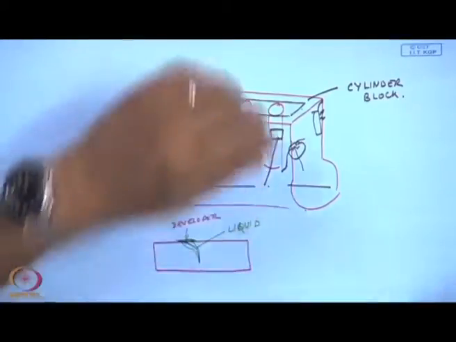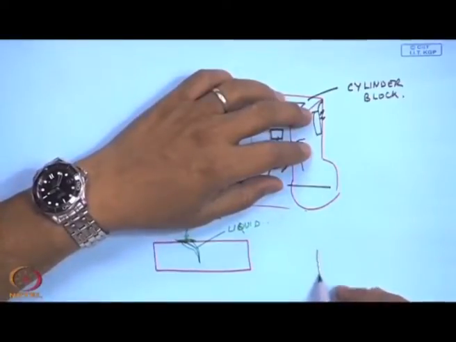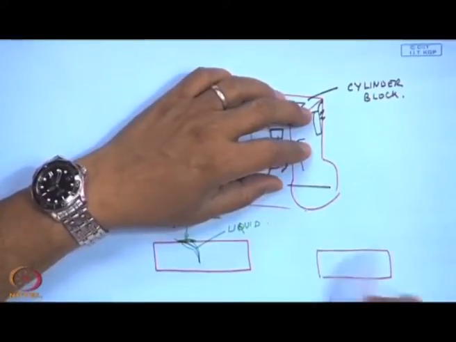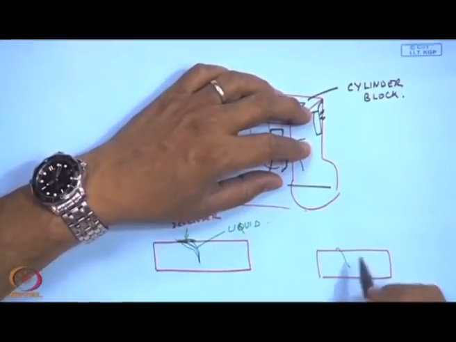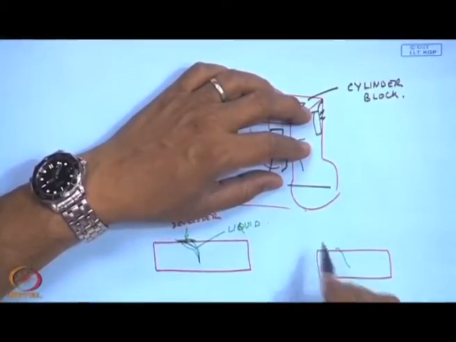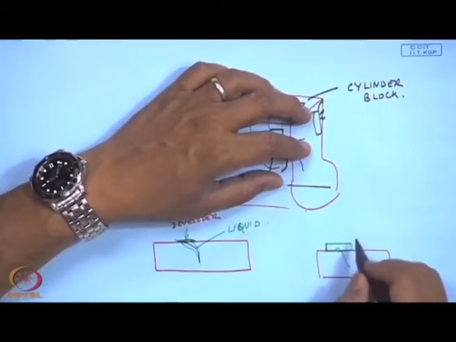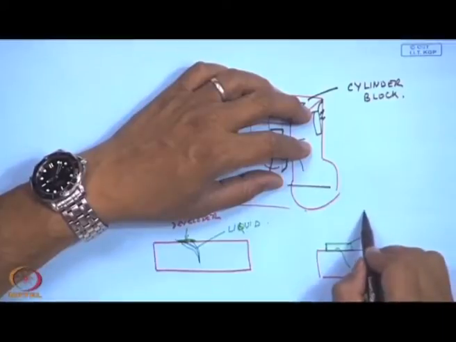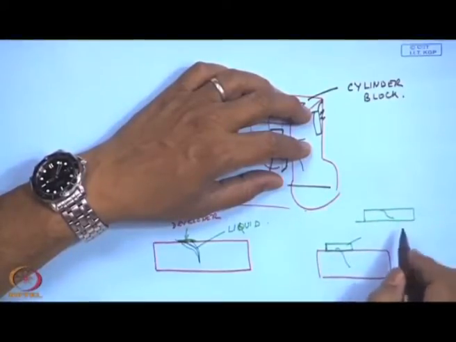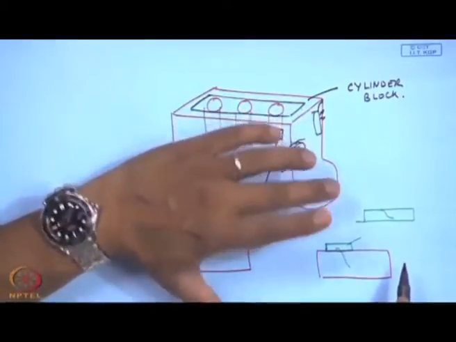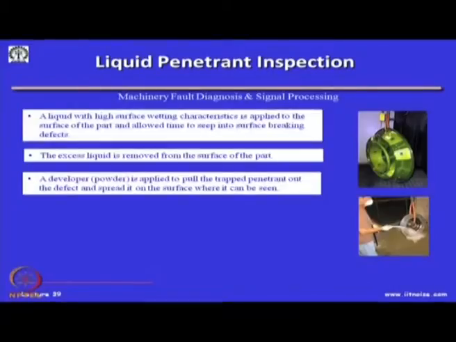A good example would be, if there was a crack, and you poured some blue ink onto it, and if I roll a piece of blackboard chalk, the chalk would get the mark of that liquid. So, this is the principle of liquid penetrant inspection.